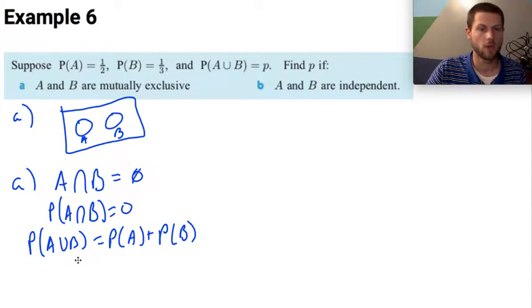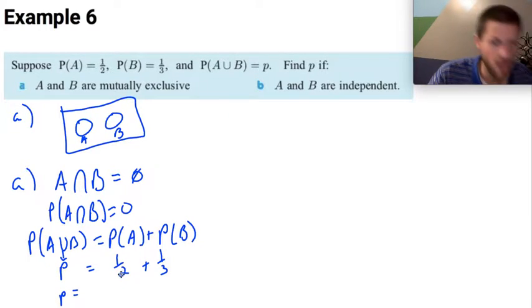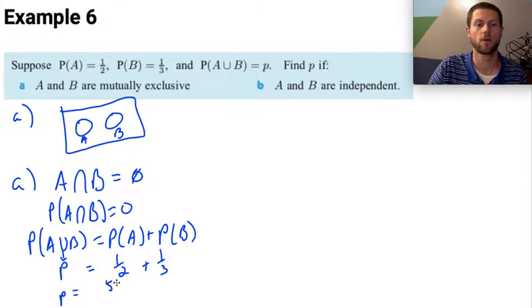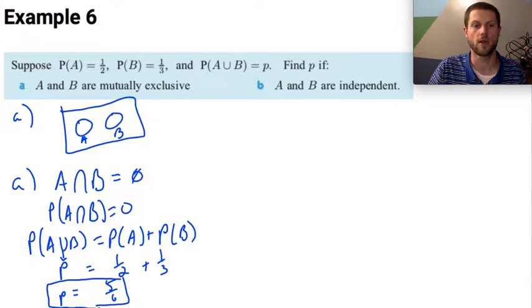So P, the probability of A or B, is 1/2 plus 1/3, which equals 5/6. So for mutually exclusive events, P has a probability of 5/6.